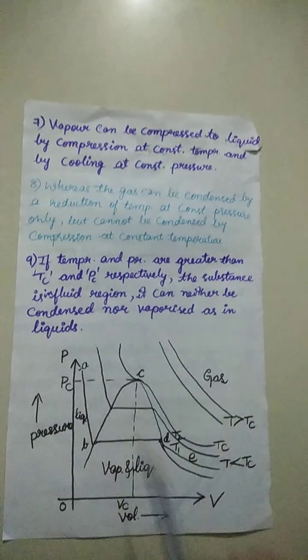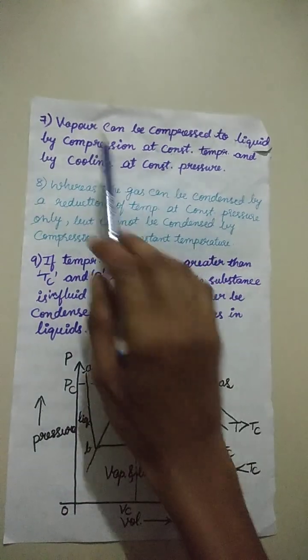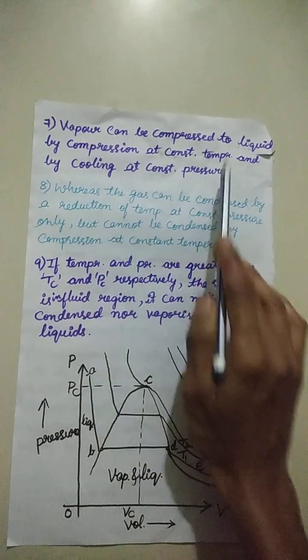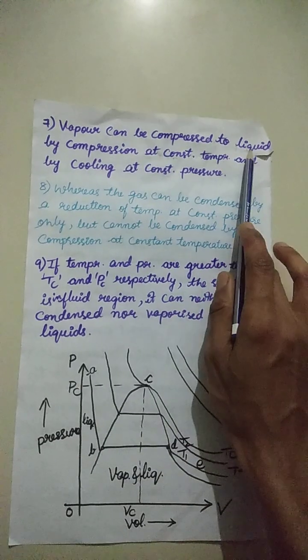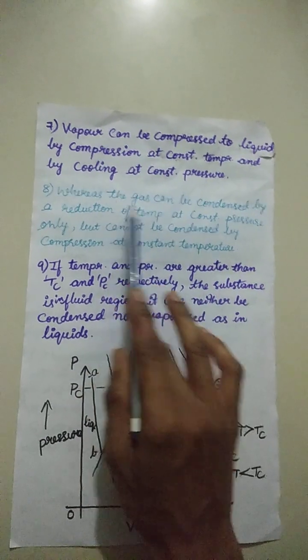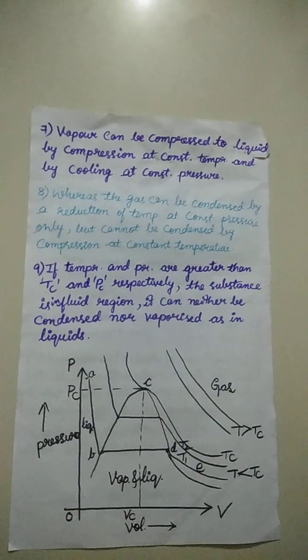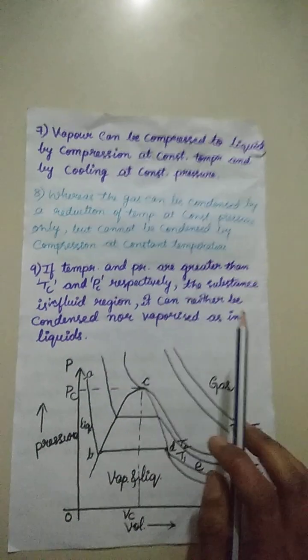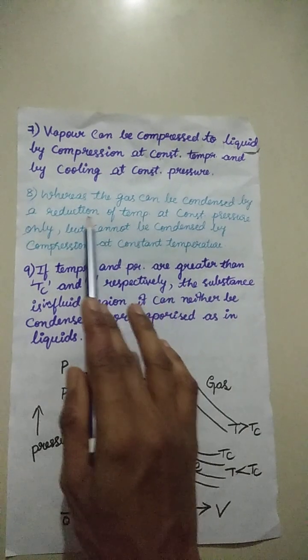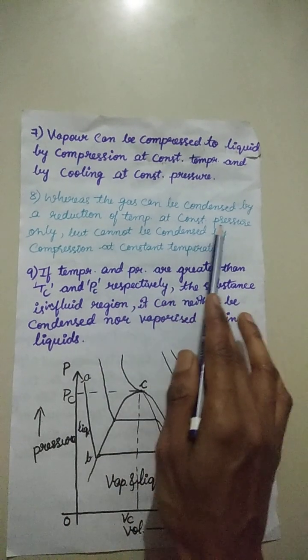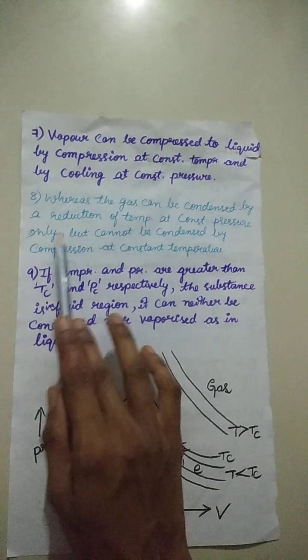at constant temperature. We can compress the vapor at constant temperature to the liquid form, but we cannot compress the gas by the same method at constant temperature. We need to reduce the temperature at constant pressure only.